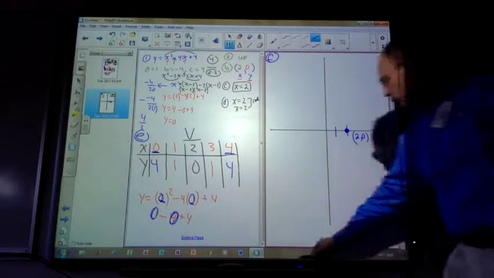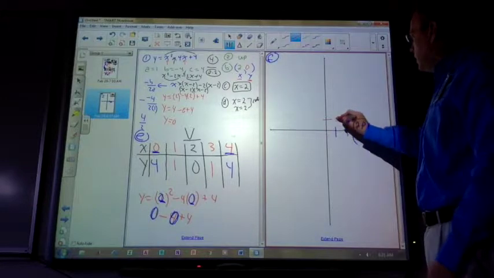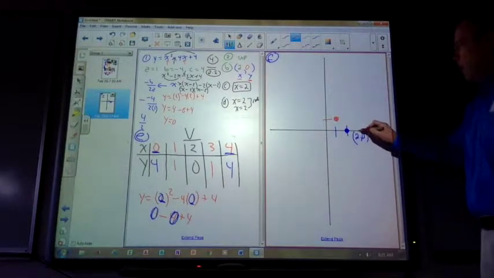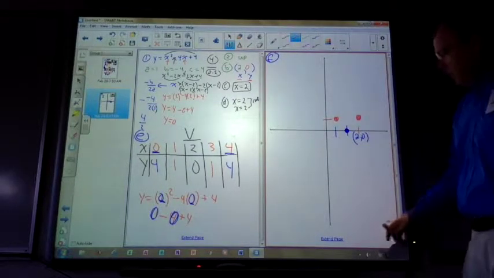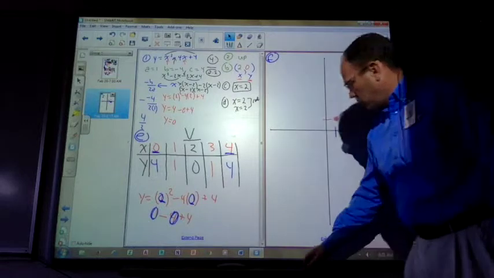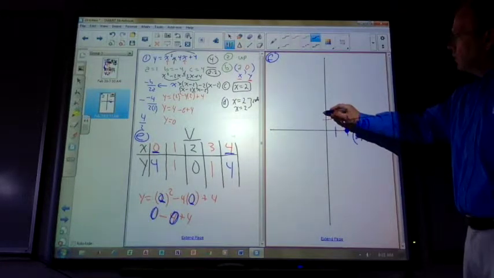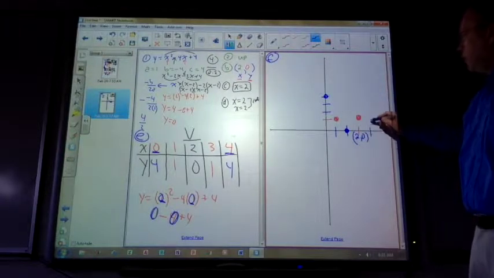That also works. What else works? 3, 1. So 1, 1, 3, 1. All right. 0, 4. So 0, 1, 2, 3, 4. And 4, 4.